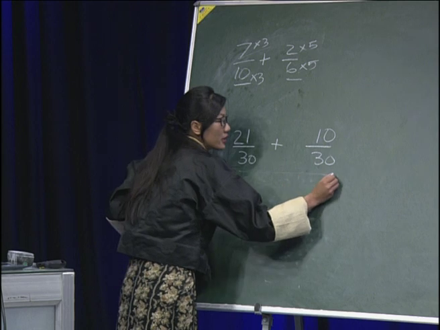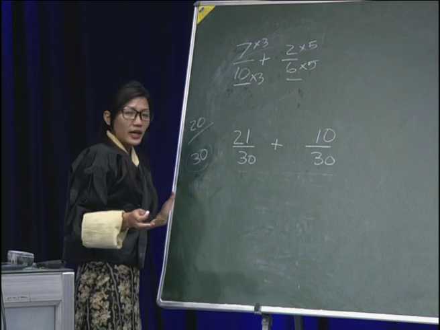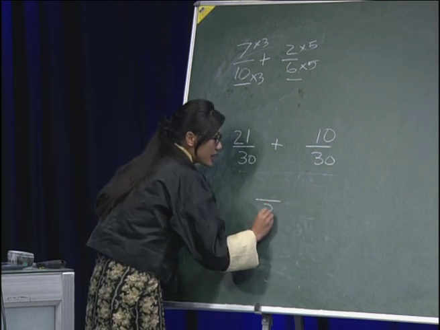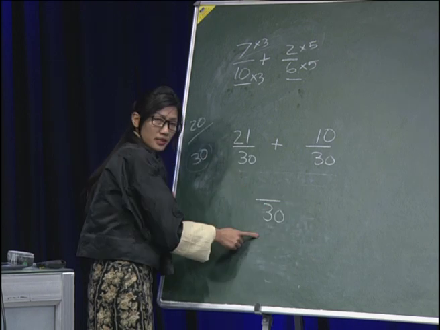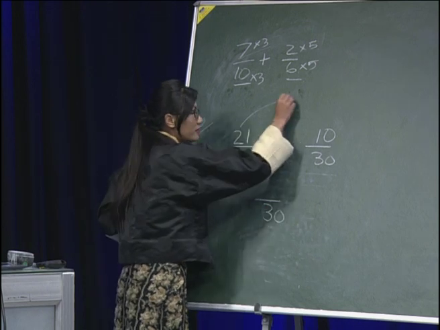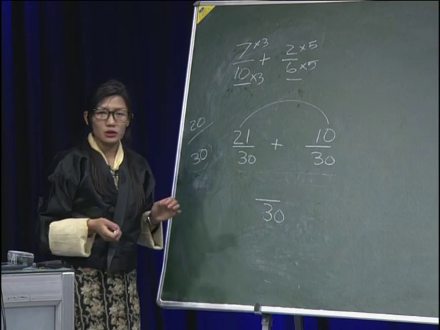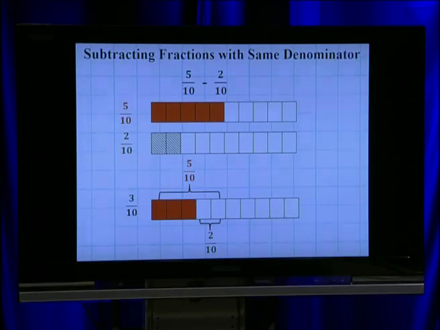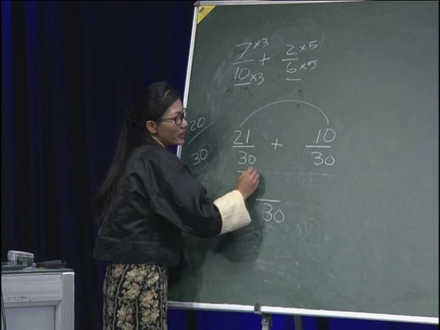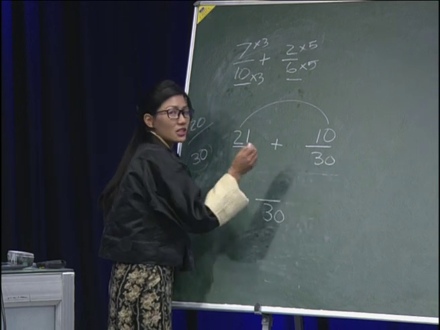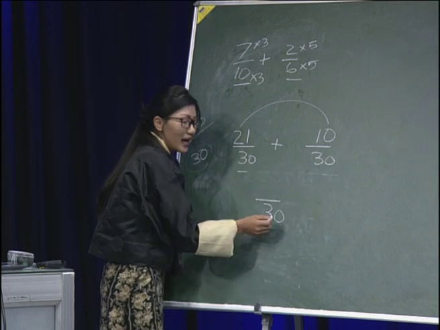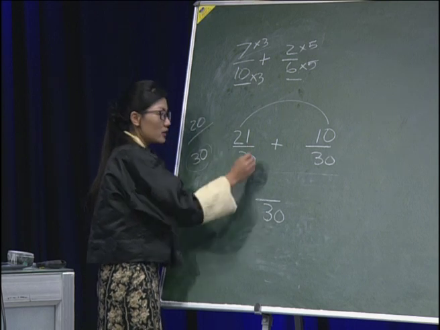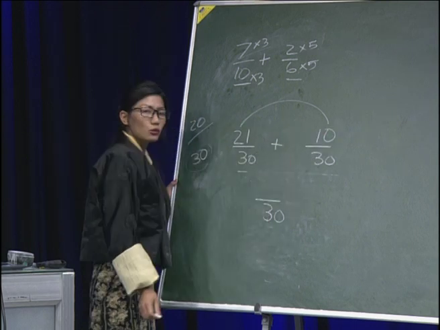Now that the denominators are the same, we keep it as one denominator, and we just have to add the two numerators. It's very easy, isn't it? Now that we have the same denominator of 30, we only have to add the numerators.